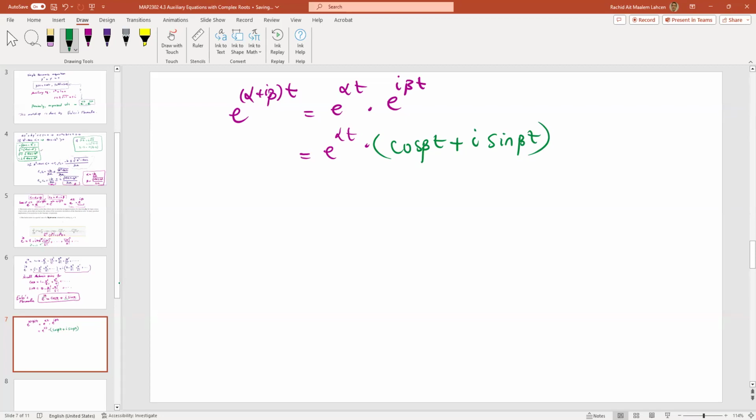And having made this sense, we can now show that if you need to do a derivative with respect to time, it's going to be this, right?